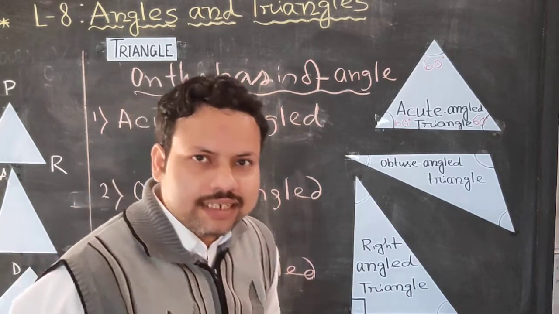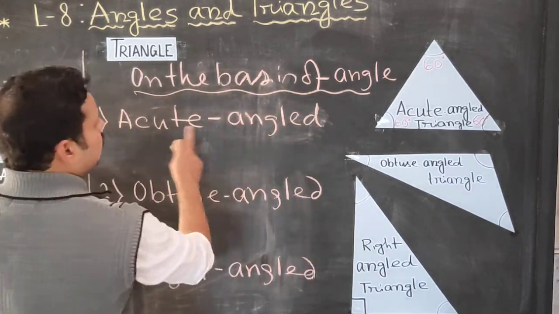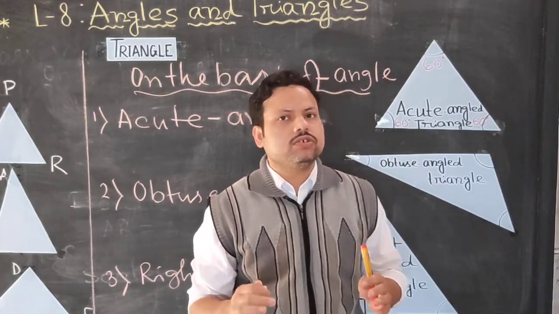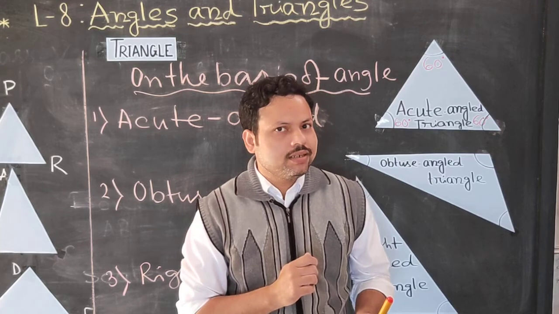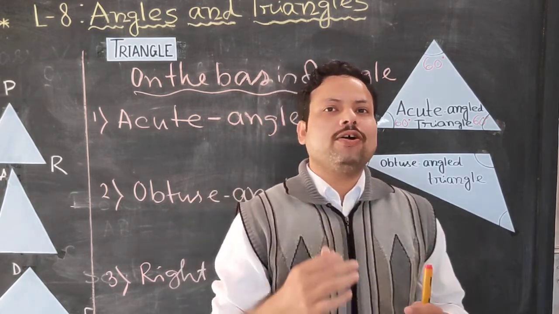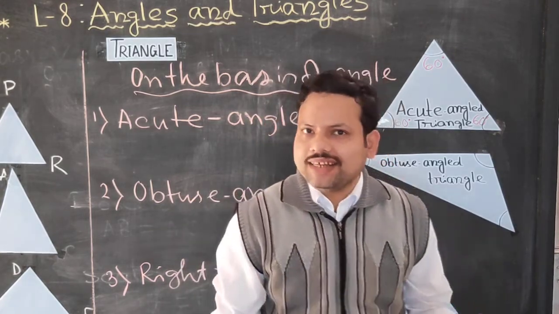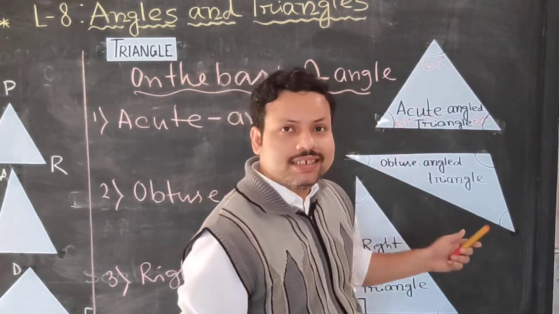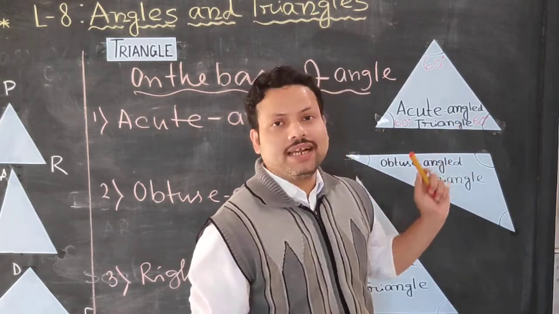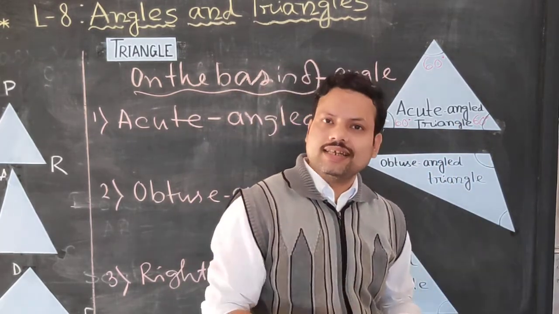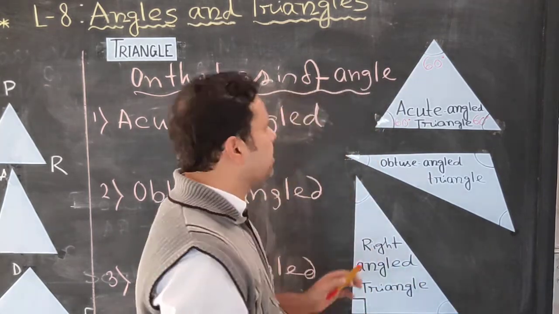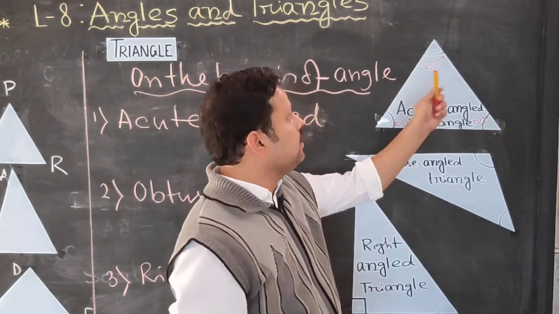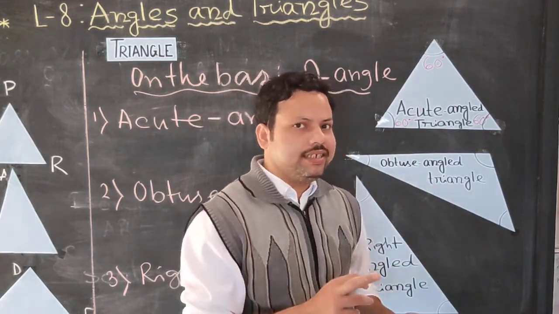That means less than 90. So an acute angled triangle where all the angles equal 60 degrees is also known as an equilateral triangle. But in the case of an acute angled triangle, always remember the three angles are always less than 90 degrees.